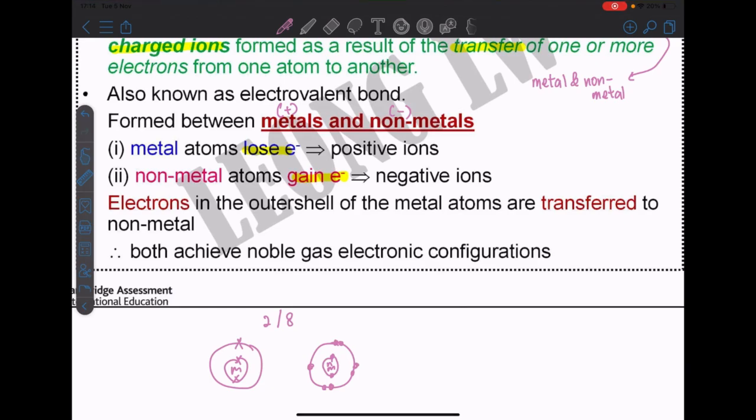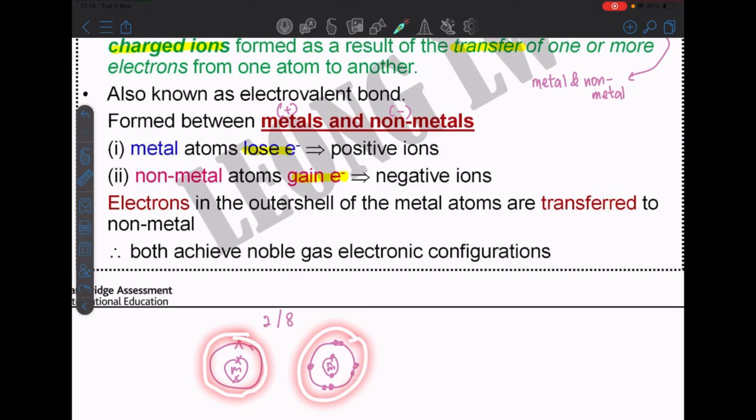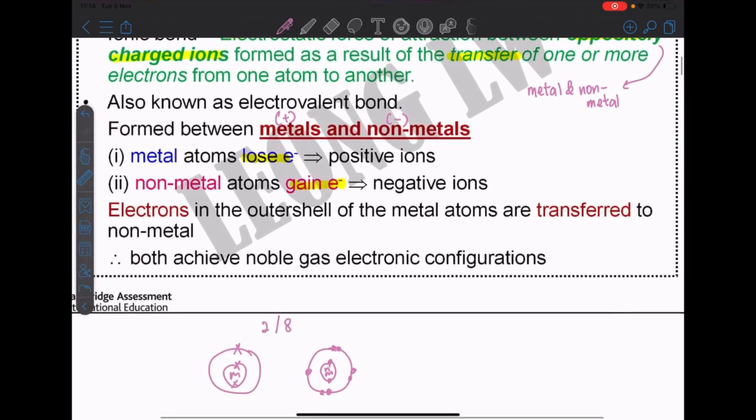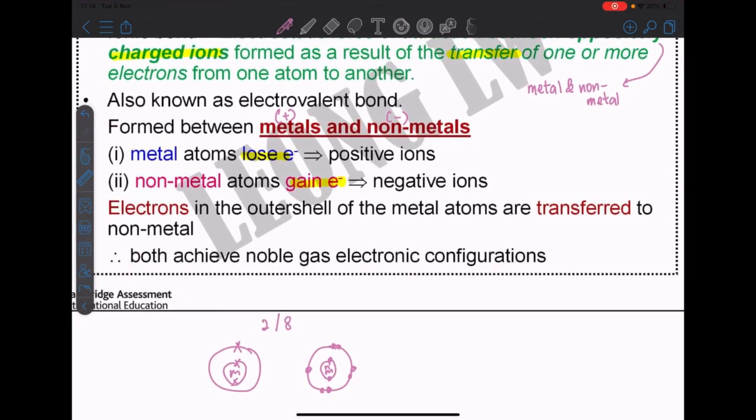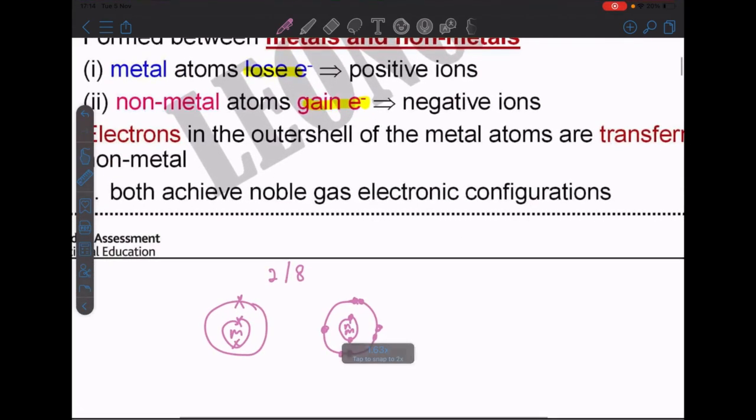As you can see here, the outer shell would be 1, and here it would be 7. So in theory, as you know, the outer shell can only be full if there are 2 electrons in the outer shell or 8 electrons in the outer shell. But in this case, metal only has 3 and 1 in the outer shell, and non-metal has 7 only.